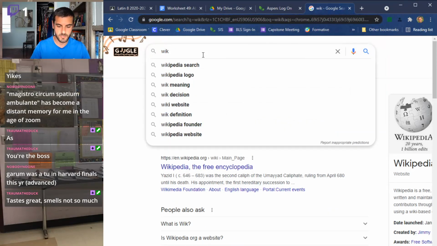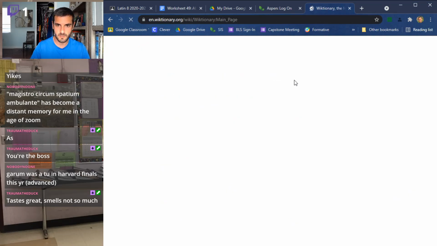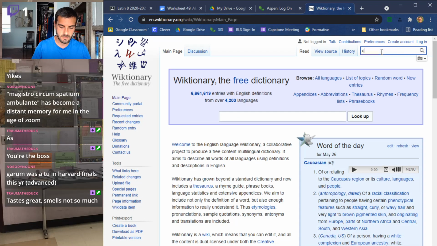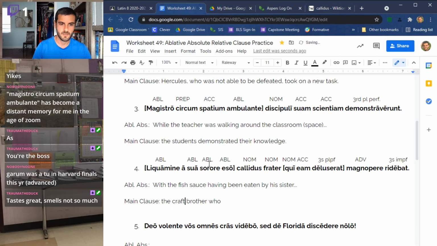Let's go Wiktionary. We'll do this on the fly because my brain is kind of broken from being outside. Let's say Calidus. Crafty. Oh, I love crafty. Let's go crafty. The crafty brother who had deceived her, tricked her.